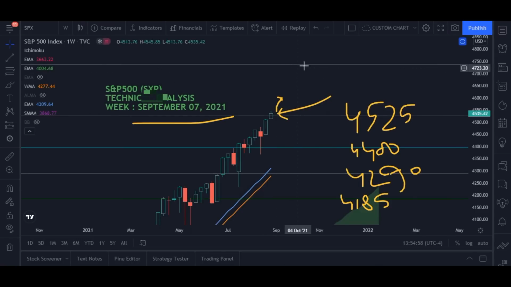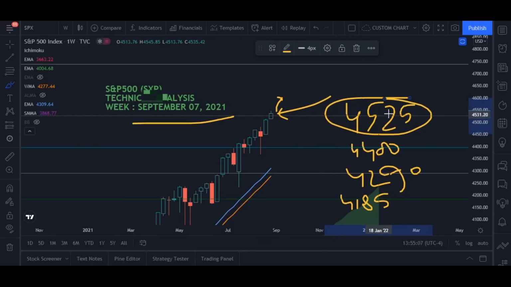So the market is not expected to move towards 5000 until it holds above this resistance zone, plus minus 25, plus minus 30, plus minus 35. That's it. And in Dow Jones we have plus minus 100 or plus minus 150.